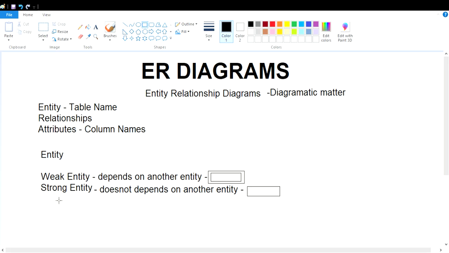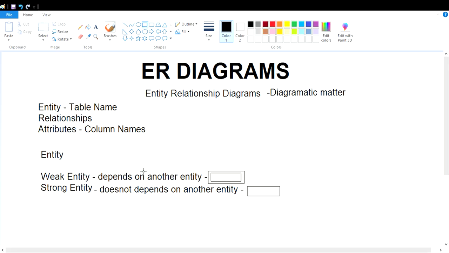When coming to the strong entity, the entire data is possible and we can get it from the single table. That is a strong entity. We differentiate them by the rectangle symbol. Weak is represented by a double lined rectangle and strong is represented by a single line rectangle.